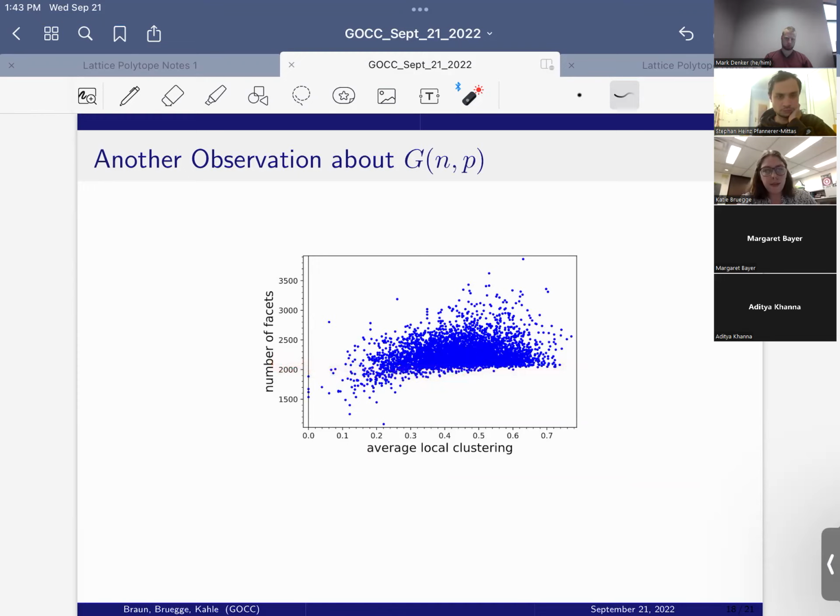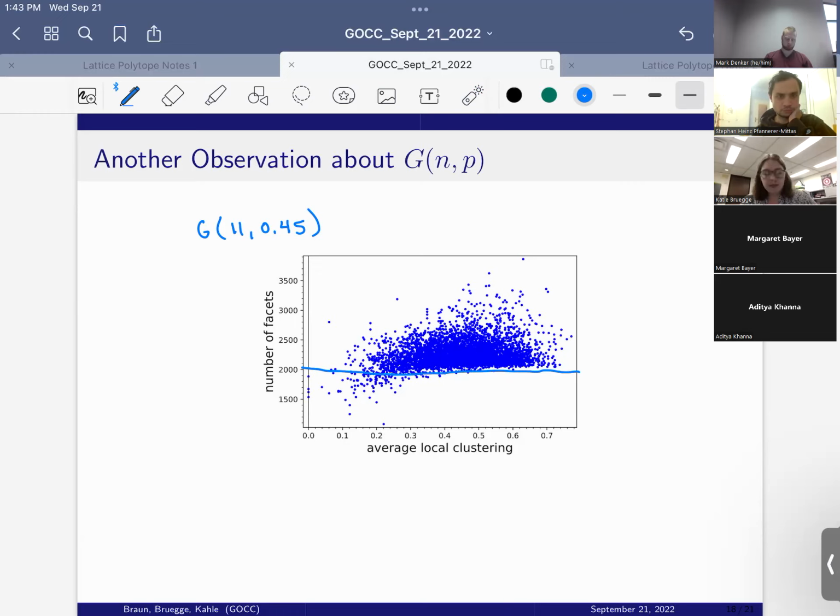And that lower bound seems to be getting less approximate as our clustering increases. This is our same sample of graphs coming from G(11, .45). Okay, so these are graphs on 11 vertices.